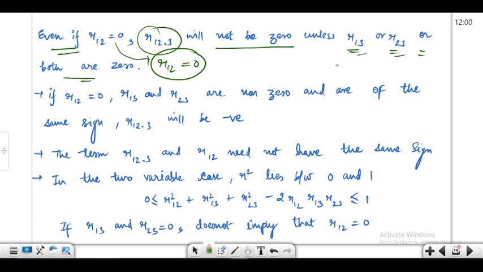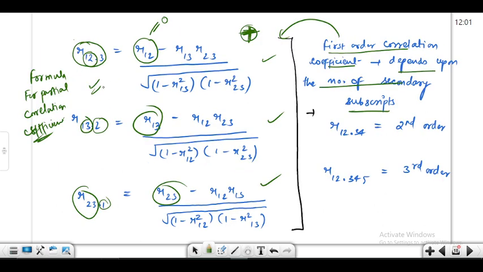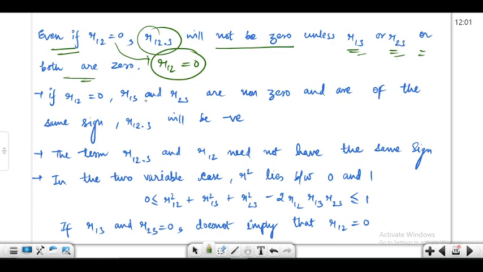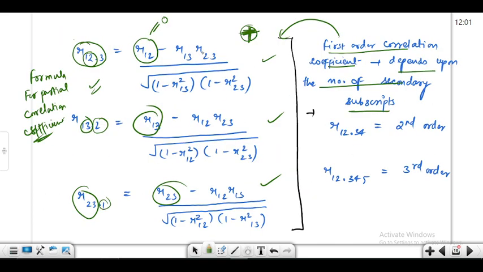Similarly, if r12 is equal to 0, and r13 and r23 are non-zero and of the same sign, then r12.3 will be negative. If they are of the same sign, it means that this entire term will remain negative.